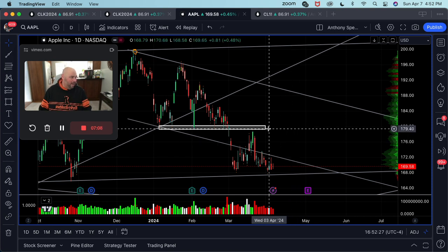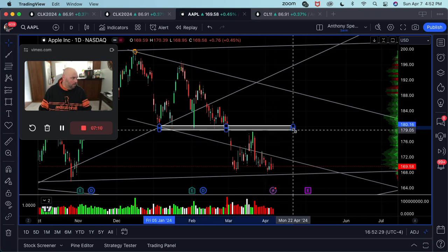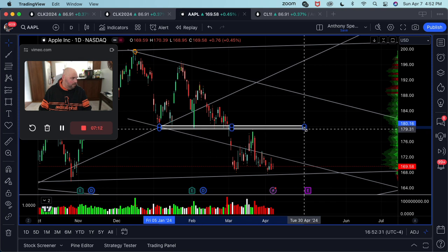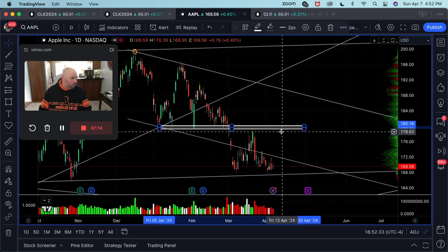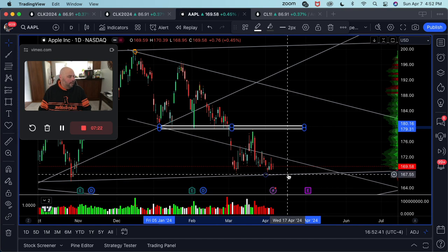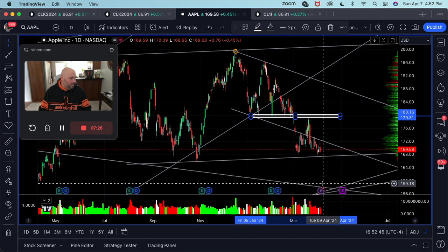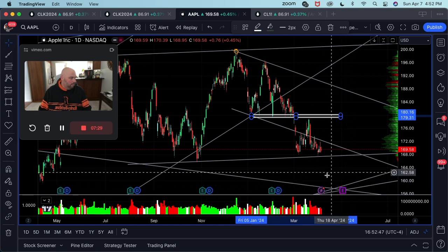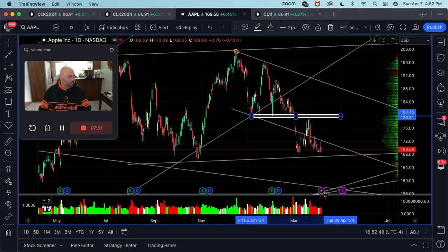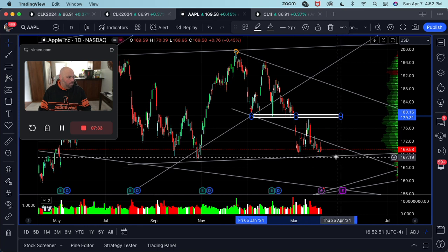We could retest these prior lows, right, up here in this area, somewhere between this prior high and these series of prior lows, 179, 180-ish. Or if we break down, settle below this, I think that we probably dip into this area right here. Okay, so a couple scenarios.